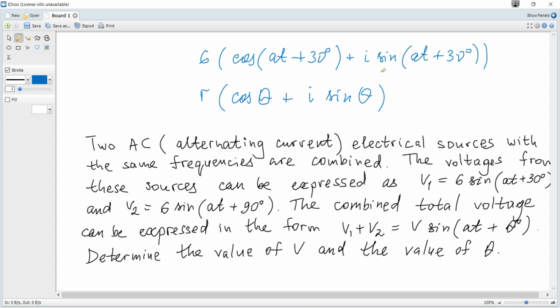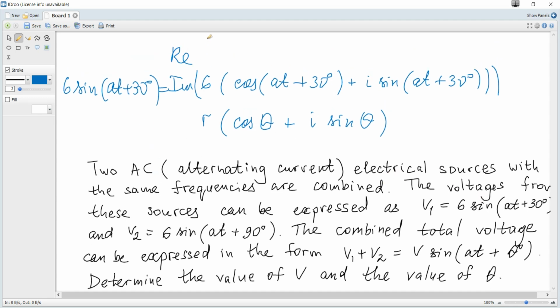And we can see that our sine is the imaginary part of such a complex number. So 6 sine of 80 plus 30 is the imaginary part of such a complex number. If it would be cosine, it would be the real part.